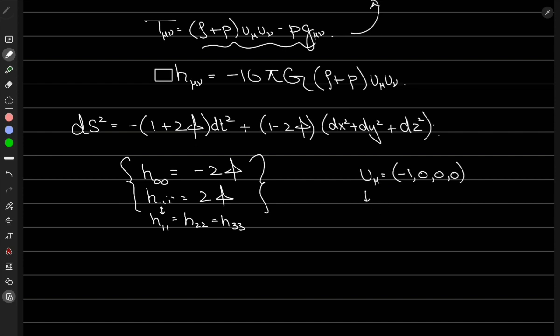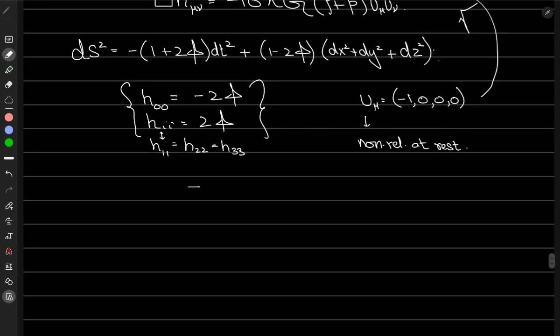That's why the spatial components are simply 0. Now, once we put this into the above equation, what we obtain is del squared phi is equal to 4 pi G rho.